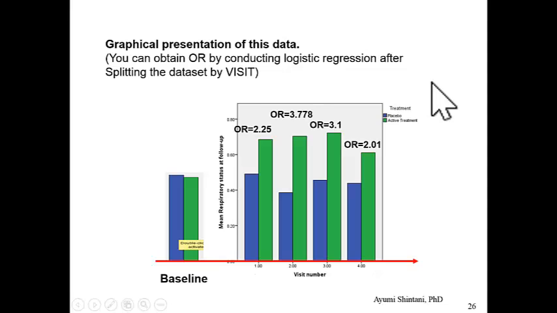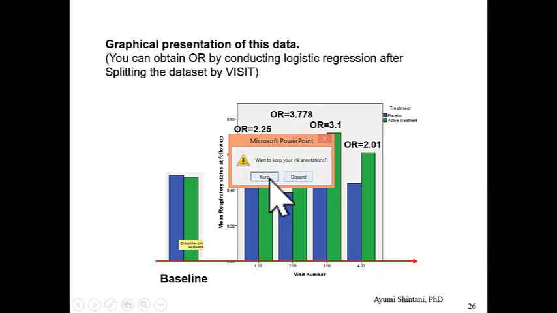Okay, and let me show you how to compute the odds ratio at each visit. We are going to split the data by each visit. By splitting the data, we are getting rid of the repeated nature of the data, right? Because visit 1 contains only data from the first visit, so you don't have to worry about repeated measures. So we split the file based on visit number and then run the logistic regression, and that will compute this odds ratio. And if you want to put the p-value in, yes, you can get the p-value from the logistic regression.